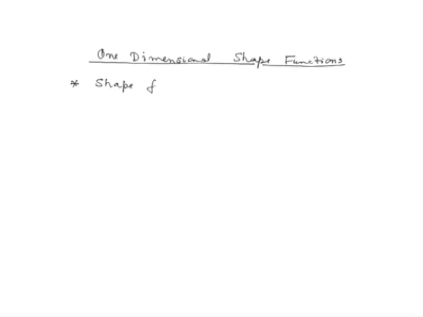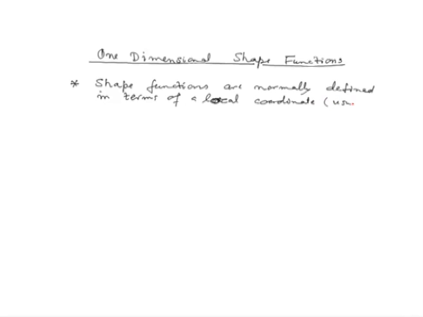So, shape functions are normally defined in terms of a local coordinate, which is usually called natural coordinate.